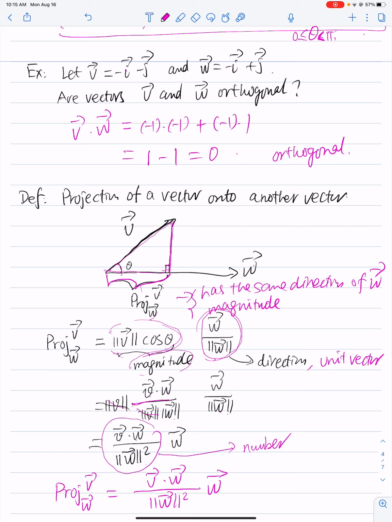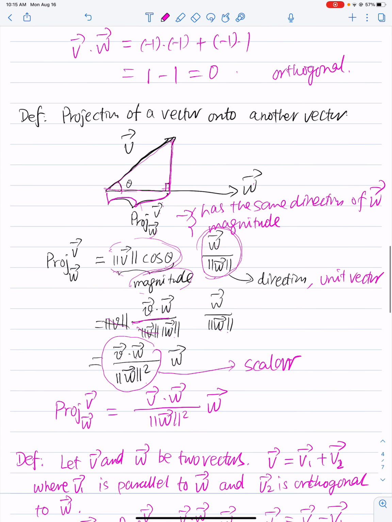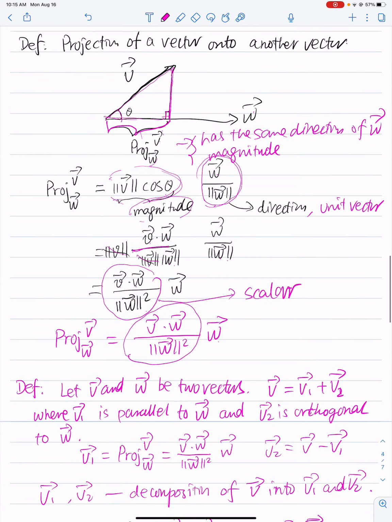So a number times a vector. Maybe we will not call it a number, that's a scalar. Okay, guys, be careful. This is a scalar, so we do not even have a dot product anymore. This is a scalar, and this is a vector here.